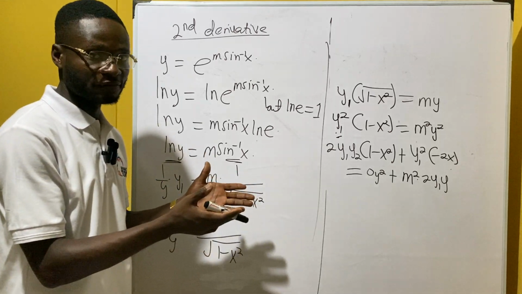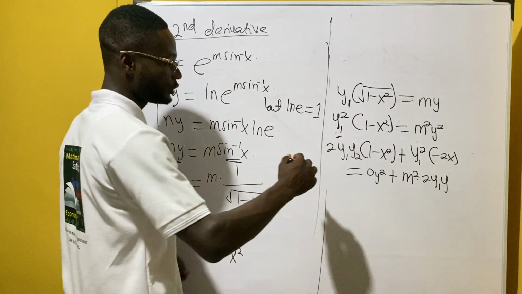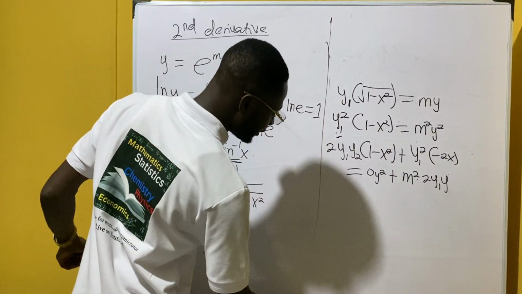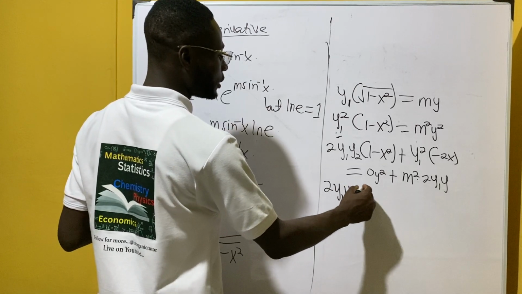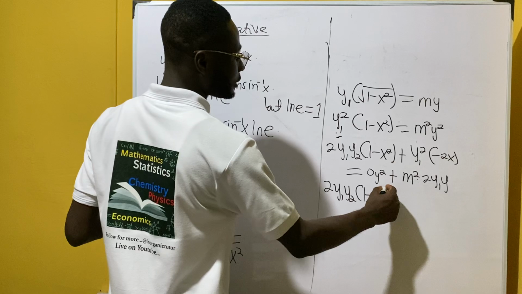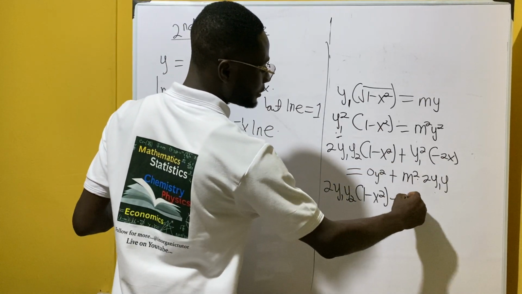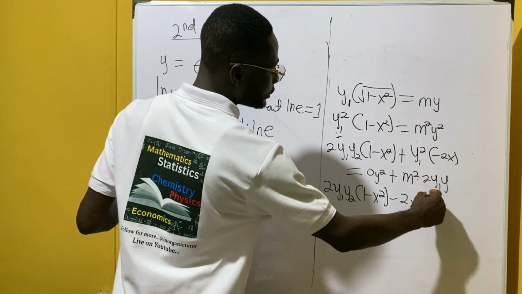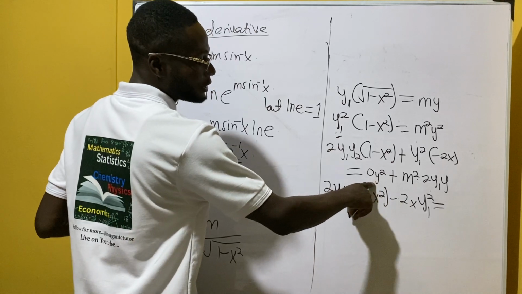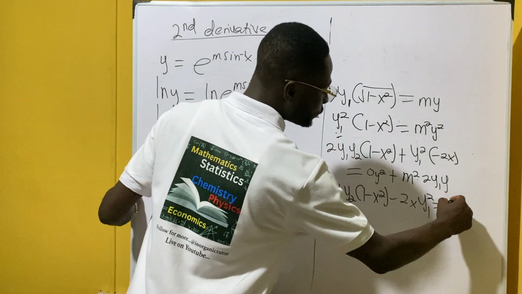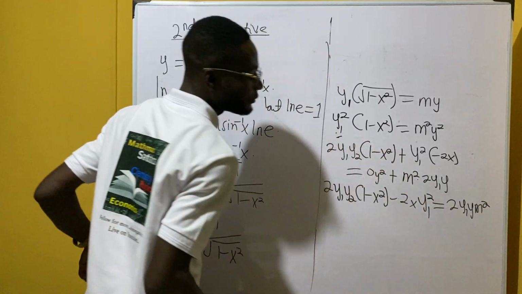This is the result for the second derivative of this particular function, but let's simplify. So when you simplify this, we are going to have 2y1 y2 into 1 minus x squared plus minus 2x y1 squared, and that is equal to 2y1 y m squared.